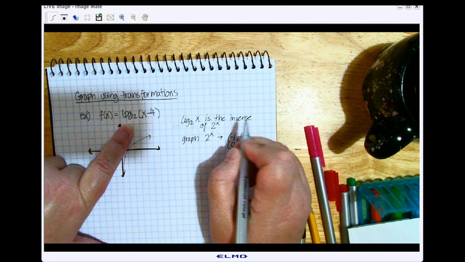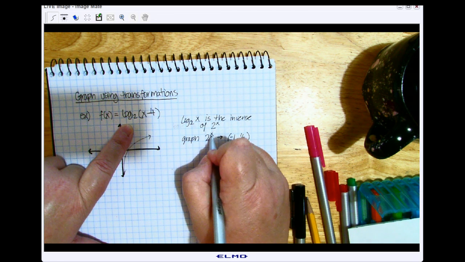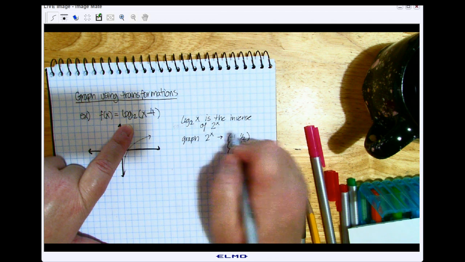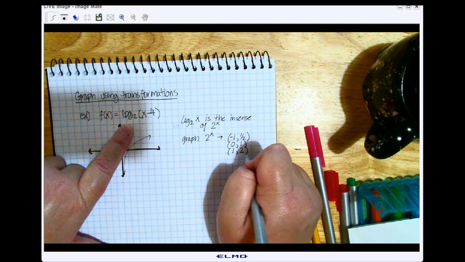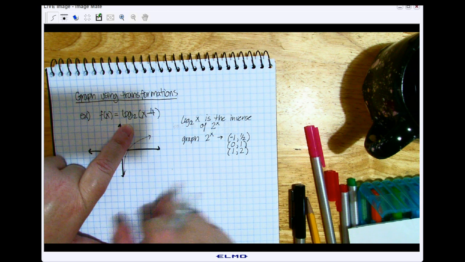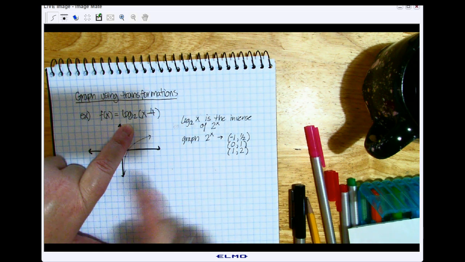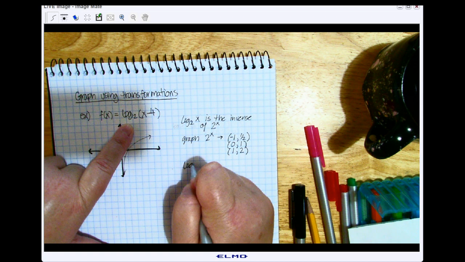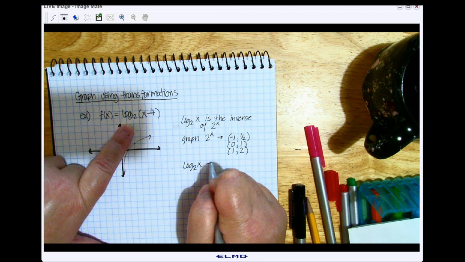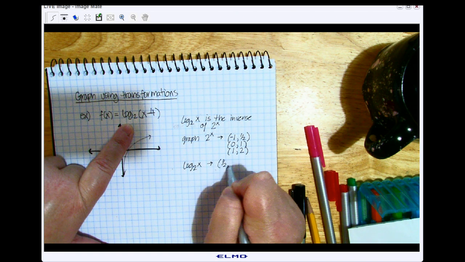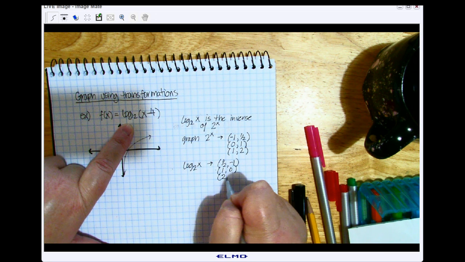That's a 1. If we put a +1 in for x, we'd have 2 to the first power. That's 2. Are we okay with that? Landon, you okay with that piece? Good. So then log base 2 of x would be the points 1/2, -1, 1, 0, and 2, 1.